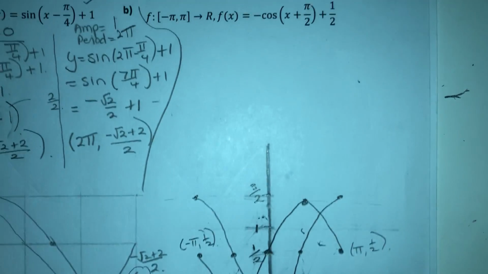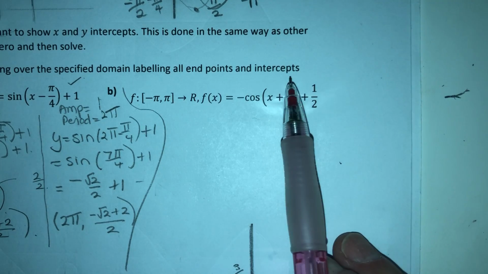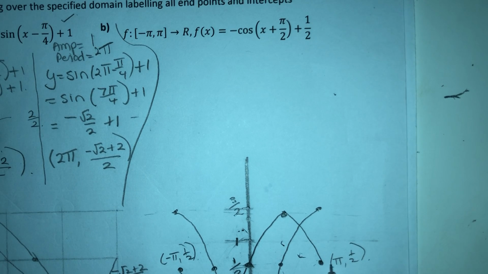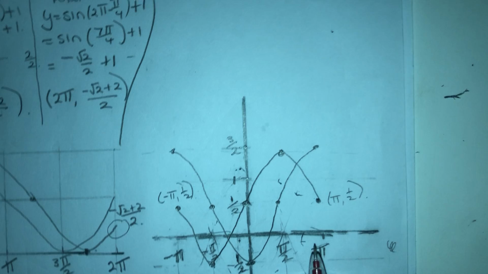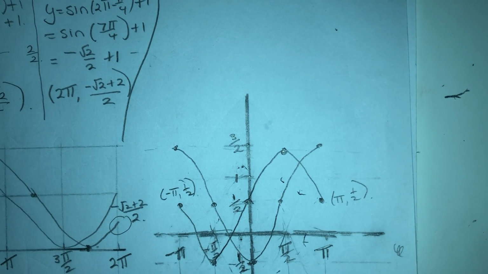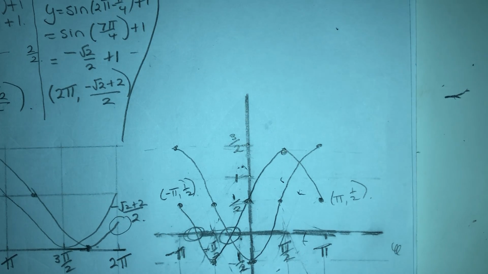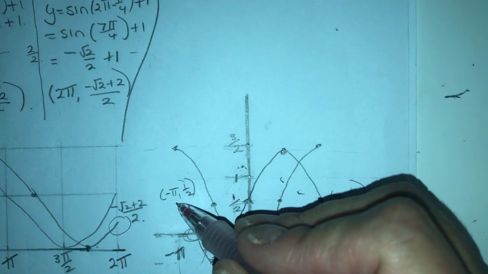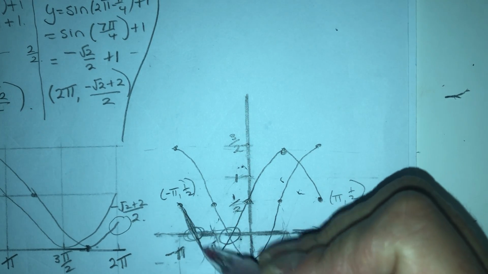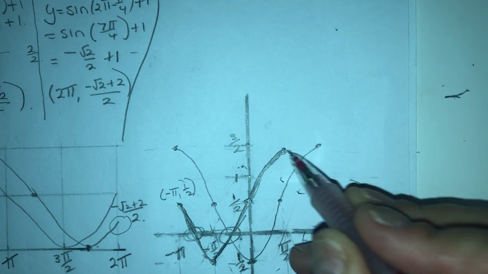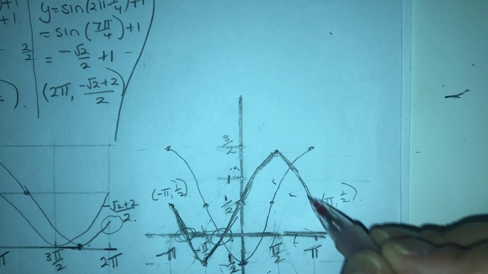All right, so up here it says labeling all endpoints and intercepts. And while this one is easy, okay, we haven't shown yet what our intercepts now are, which is here and here on our new graph. I'll just make that a little bit denser so you know which one is the one that we're aiming for at this stage.